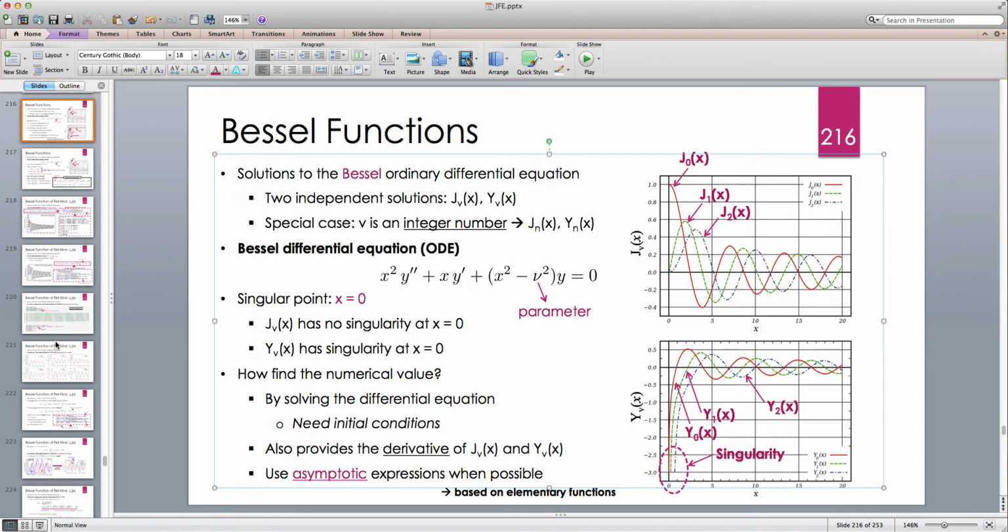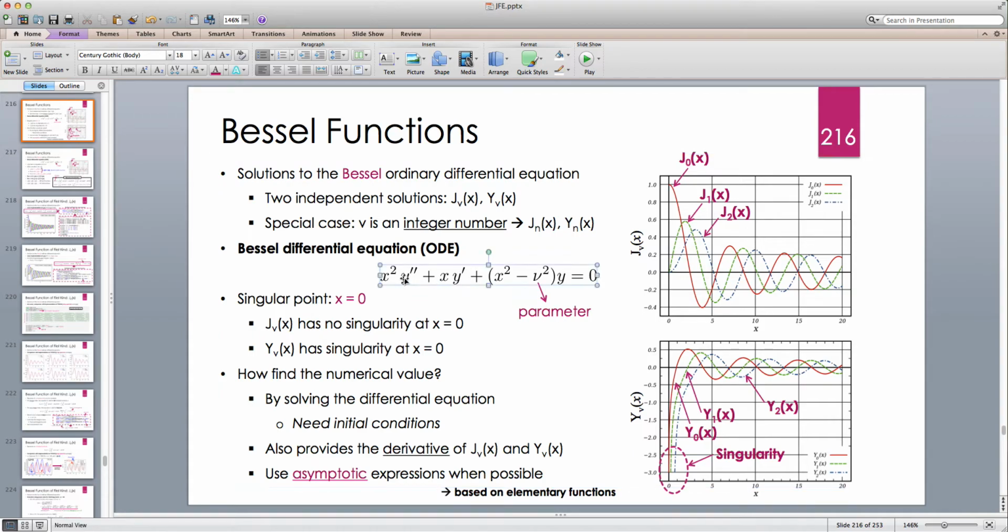That's a very good question. And the answer is that yes, J minus nu is a solution always, because that's just the nature of the differential equation. If I set nu to minus nu, the equation doesn't change. So if J nu is a solution, J minus nu must also be a solution. The problem here is that if nu is an integer, J minus n and Jn are not linearly independent.